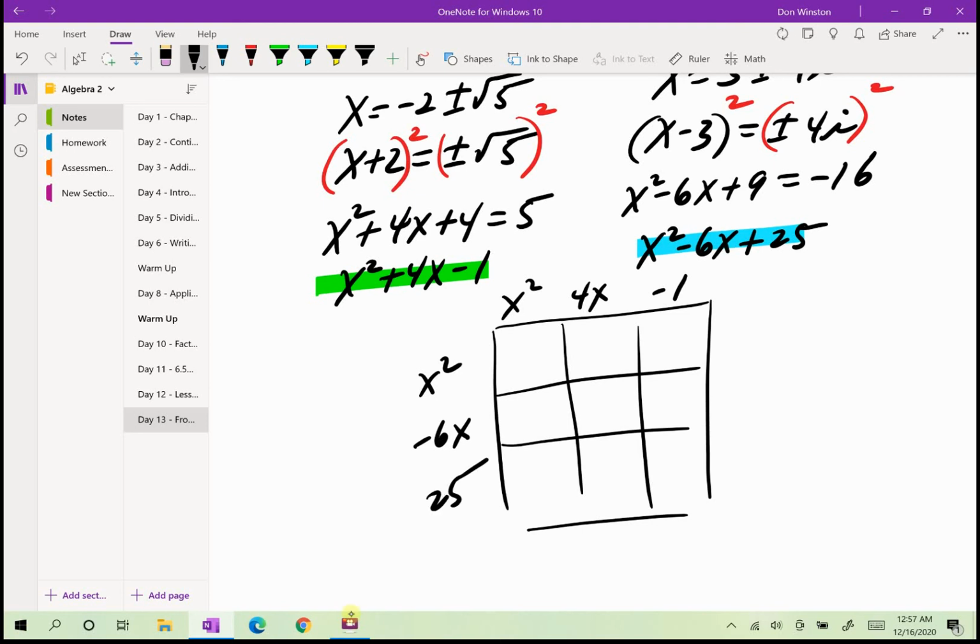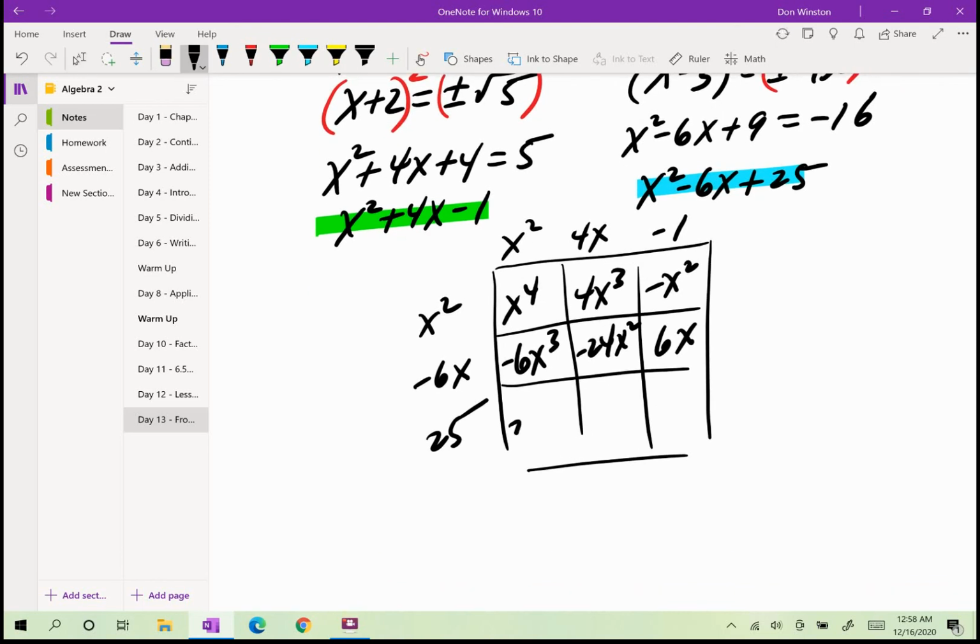And then when I multiply, x squared times x squared is x to the 4th, and x squared times 4x is 4x cubed, and then x squared times negative 1 is negative x squared. And then negative 6x times x squared would be negative 6x cubed. And then negative 6x times 4x would be negative 24x squared. Negative 6x times negative 1 will be a positive 6x.